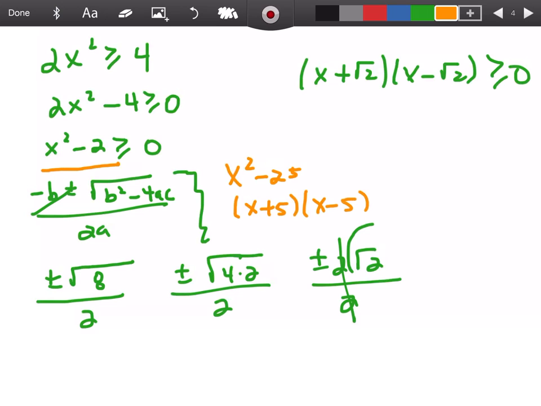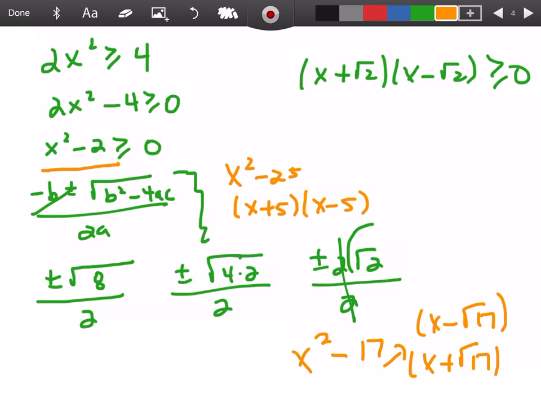But you can do that trick with any number as long as the first one is x squared. Say it's x squared minus 17. Well, the factors are going to be x plus the square root of 17 and x minus the square root of 17. It's going to always happen like that. And the quadratic equation will get you there either way.